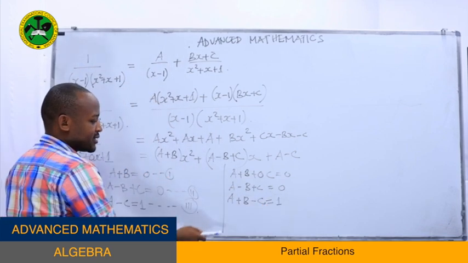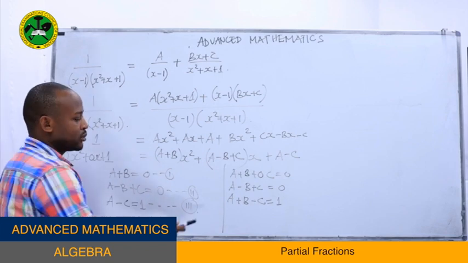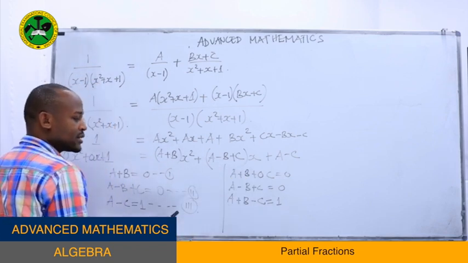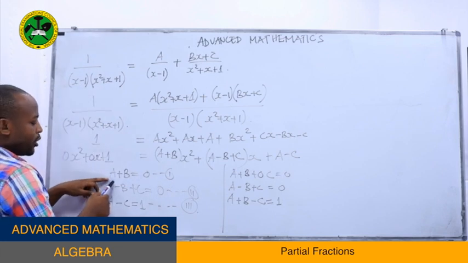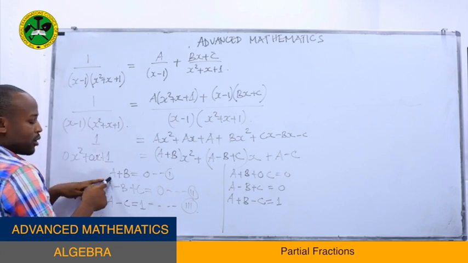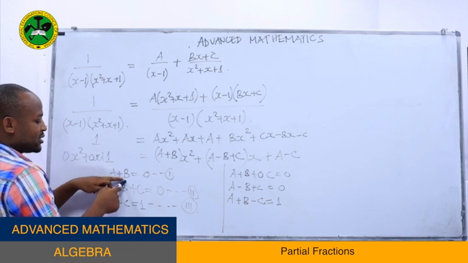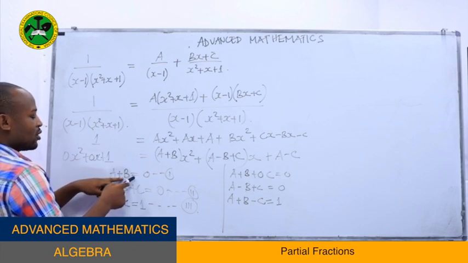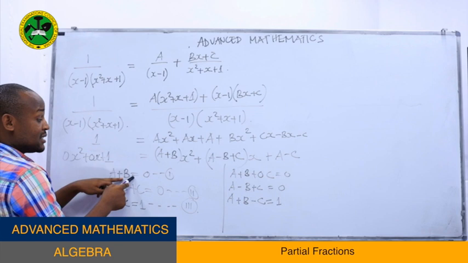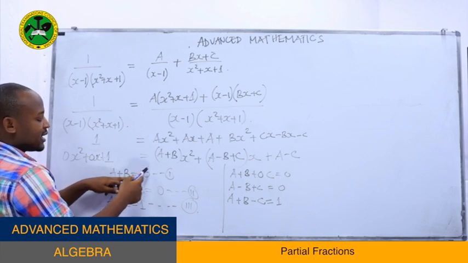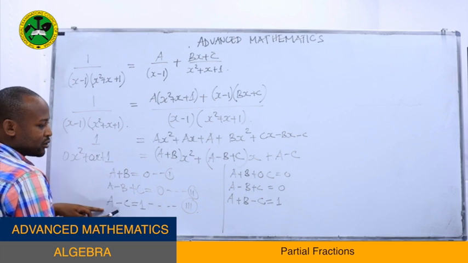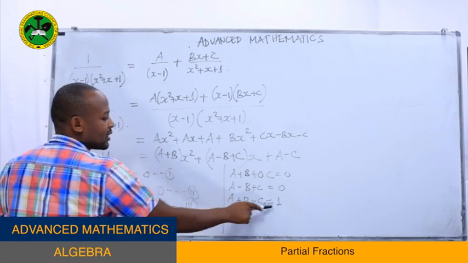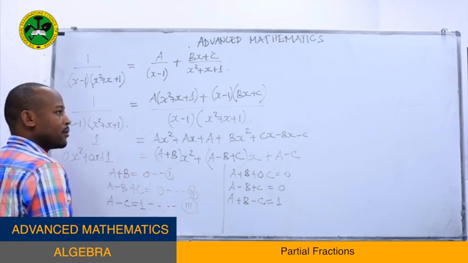Why do we write like that? So that once you are entering the coefficients into your calculator, you don't mix them. You can write the coefficient of a is 1, the coefficient of b is 1, and in the place of the coefficient of c, you write 0. Otherwise you can mix and write another number, so writing like that is much clearer.